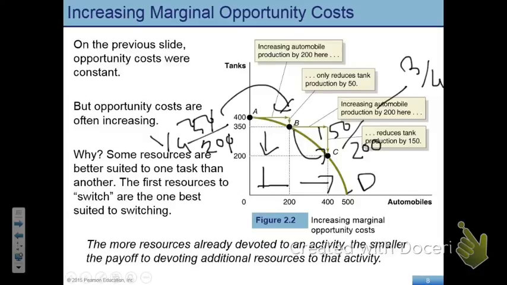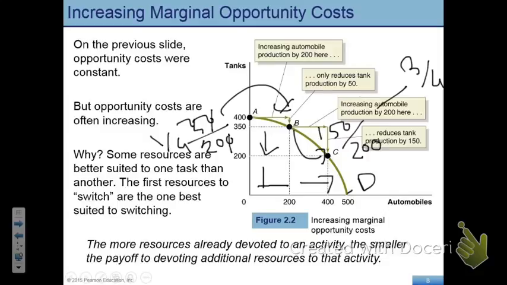So what are we noticing about the opportunity cost as we move from A to B to C and even further? Are we all clear that the opportunity cost of producing automobiles is going up from 1/4 to 3/4, and if you go even further down, the opportunity cost is going to go up. So two conclusions can be made from this production possibility frontier. The first one is that as we move down the production possibility frontier from the upper part to the lower part, the opportunity cost increases.